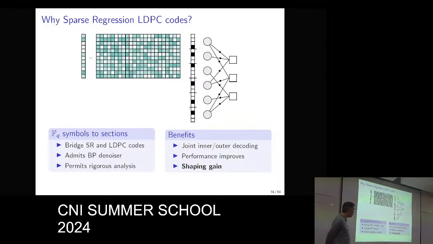But instead of first decoding, say, the sparse regression code and then decoding the LDPC code in succession, we're going to try to use our knowledge of the Onsager term and approximate message passing to have them decode jointly.